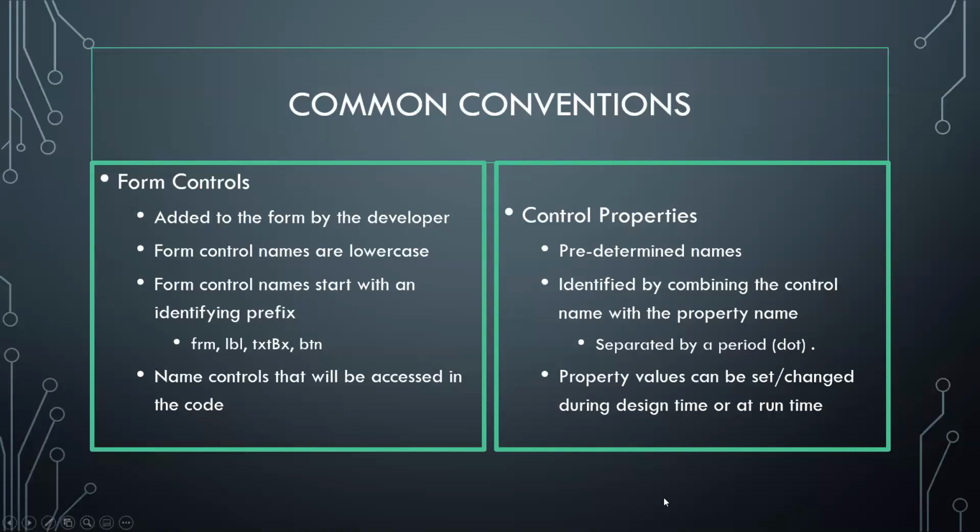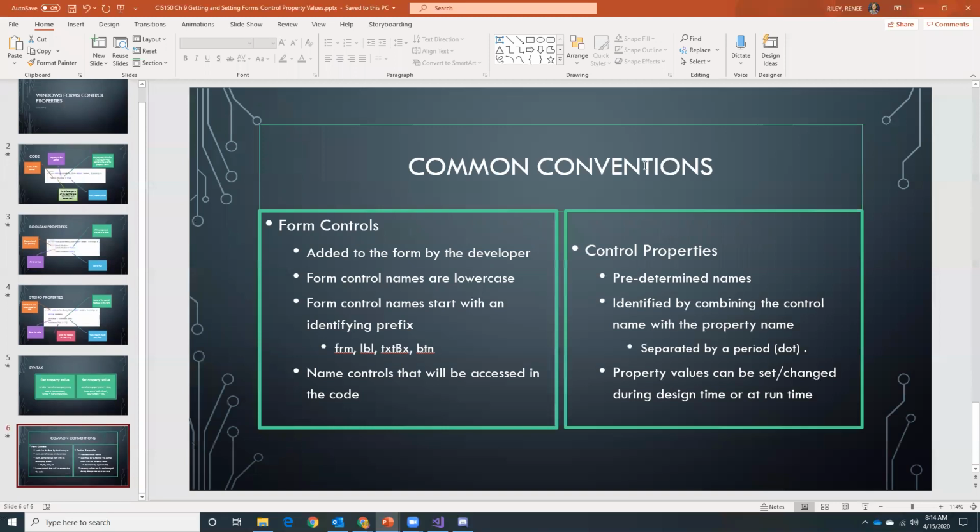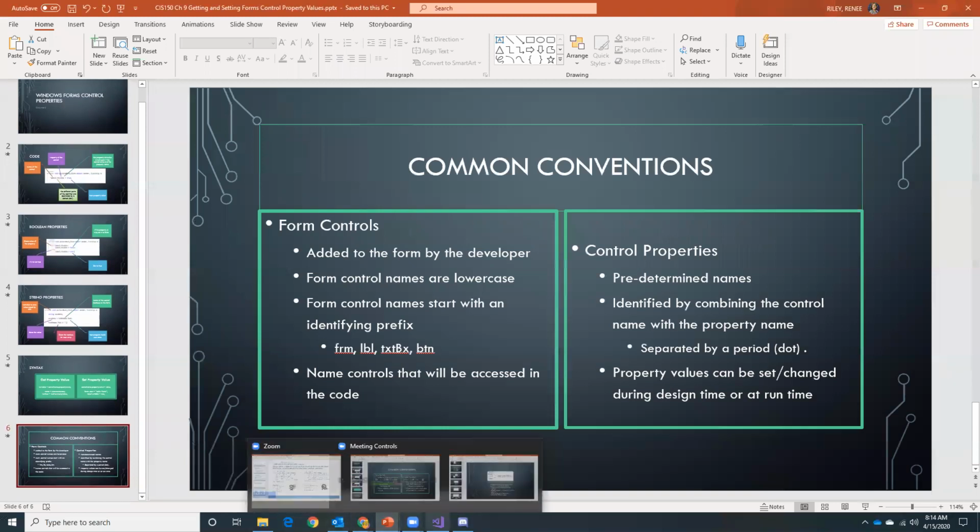And we can change or set those property values in design time when we're developing our form, developing our applications, or we can have code in our application that changes those property values at runtime when the application is running. So, yay. Giving us all of those controls that we need. Okay, that one's quick. Let's look at this application.